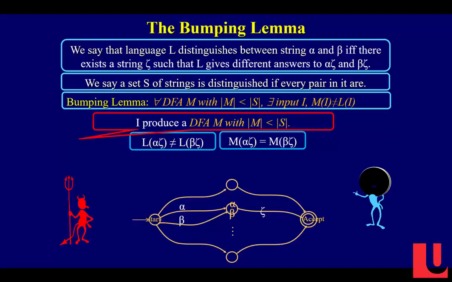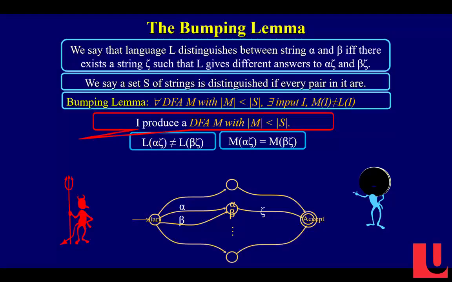Why? Because of the future. What is our zeta slash gamma slash sigma that proves that we need to distinguish between these? Yeah? 1, 1, right? Or more generally, 1 to the i.